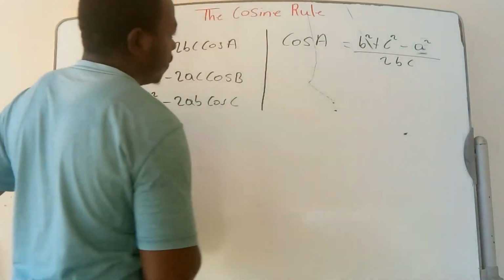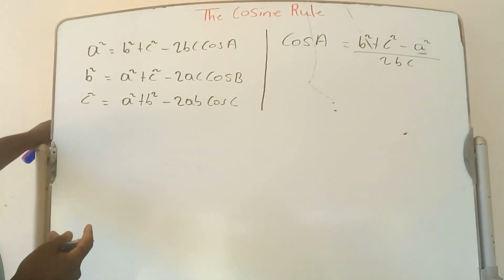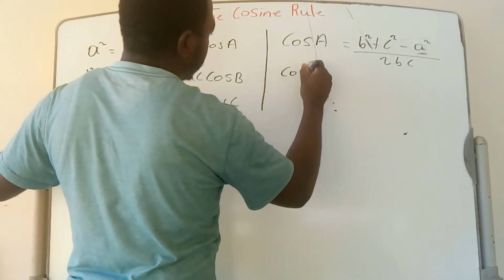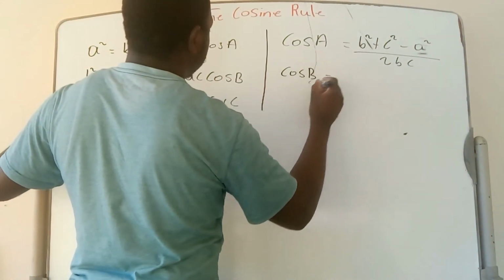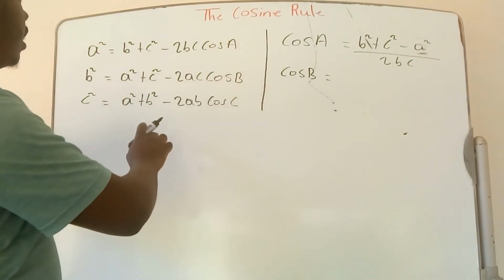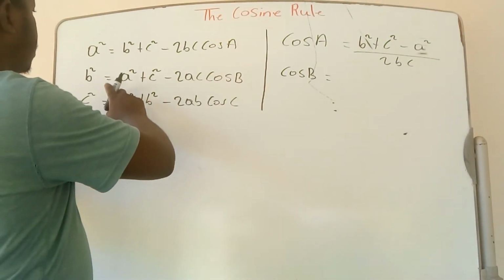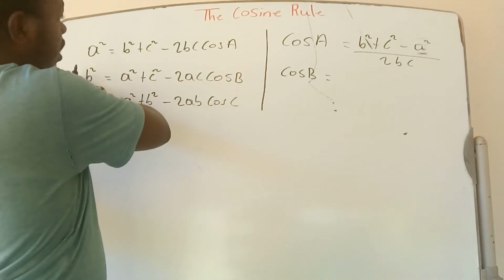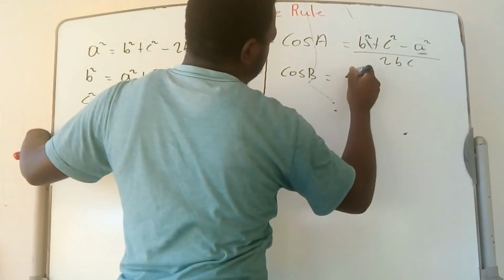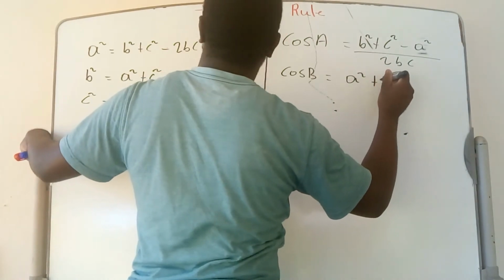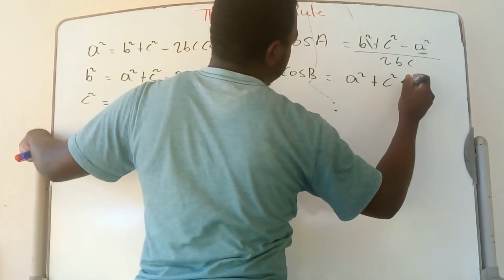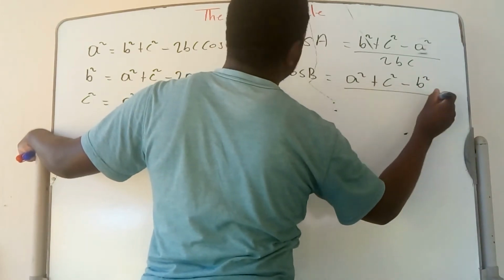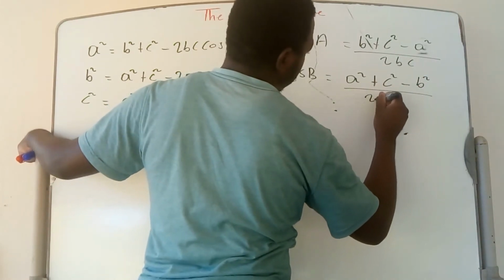That's it. What do you think it's going to be for cos B? Cos B is equal to a squared plus c squared minus b squared, all over 2ac.